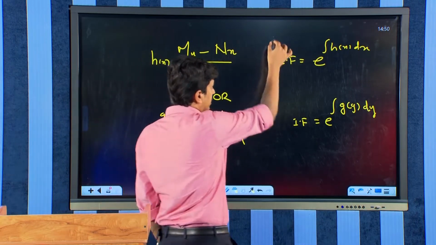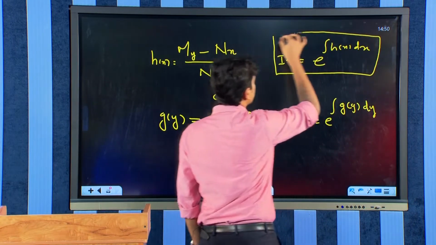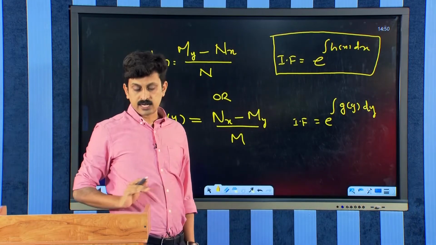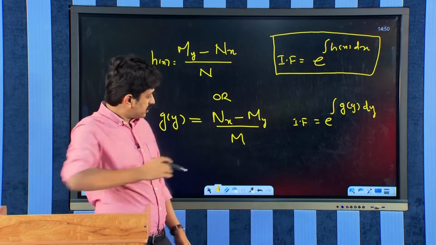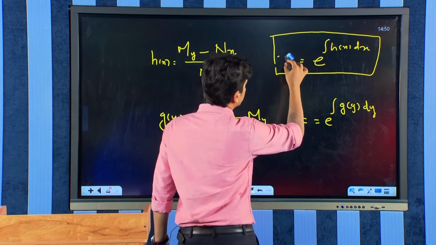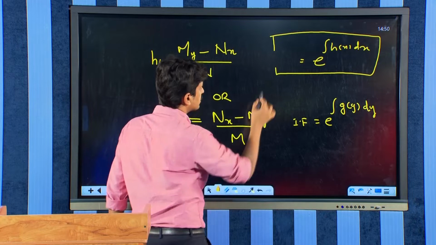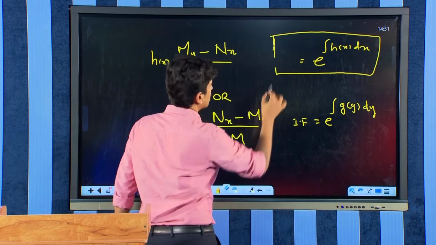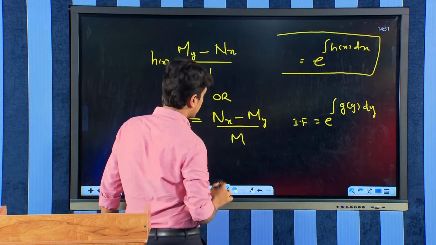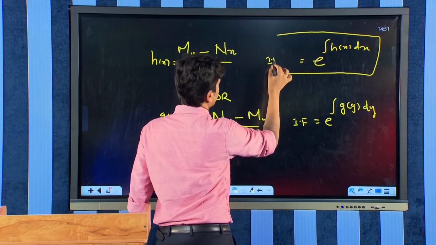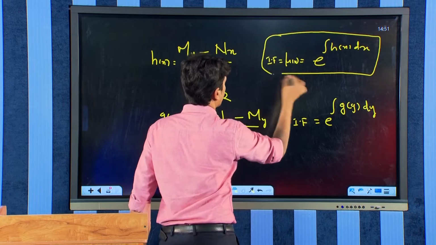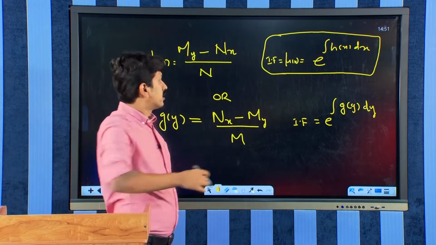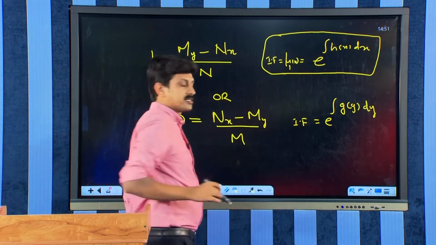We can find the integrating factor by using the formula e raised to the integral of h(x) dx. The integrating factor can be written as some μ1(x).